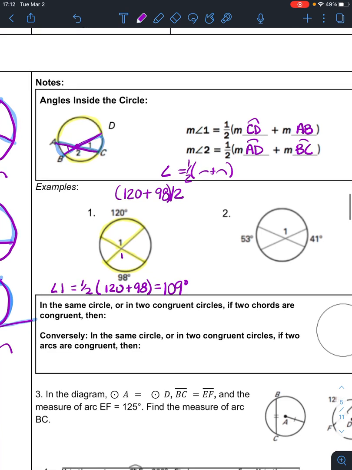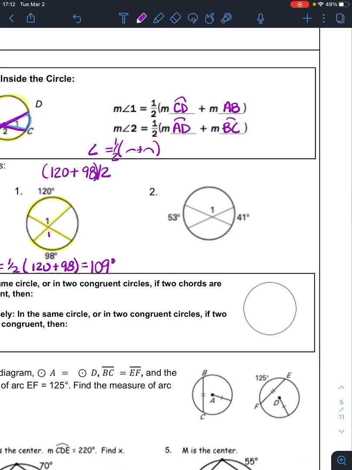So a couple of ways that you can think about number 2. First, let's find the other angle. That's one way to do it. So we have those two. Notice again that the vertex of the angle is inside. And when the vertex of the angle is inside, here's the vertex, then you add them together.